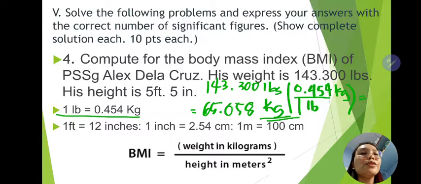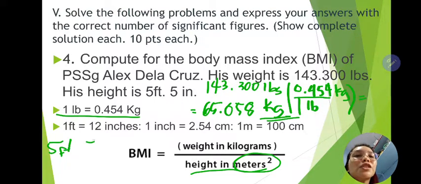And then now, yung height natin, kailangan natin siya in meters. But ang given ay 5 feet, 5 inches. So, una, yung feet muna convert natin sa inches. Then, i-add natin yung 5.